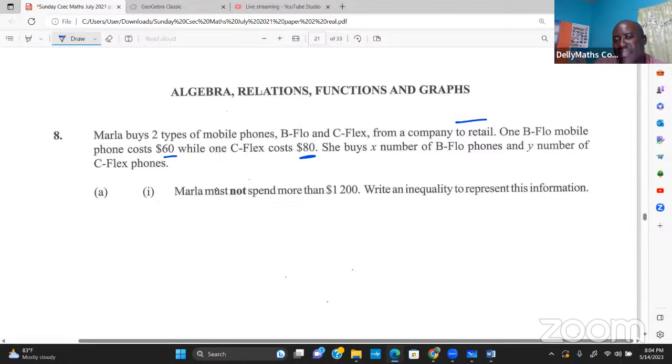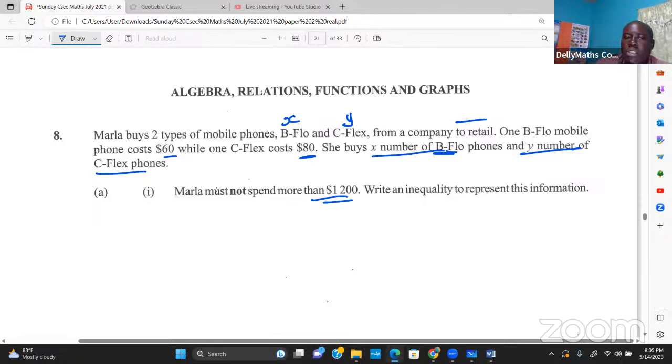She buys X B-Flow, Y C-Flex. So this is X, Y. Now they're saying Marla must not spend more than 1,200. Write an inequality to represent this.